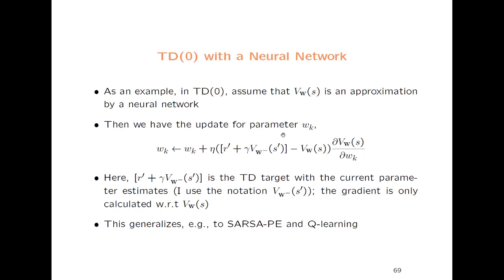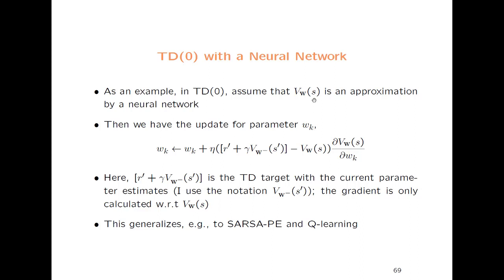So here's a TD0 update for a neural network representation, and we are simply using this notation here, V sub W of S, so it means it's a function which is parameterized by parameters W, can be a neural network, but typically here we would consider either basis functions or feature inputs, but for notational simplicity we're always using this S notation.